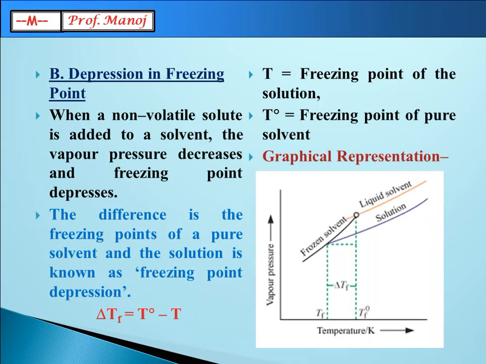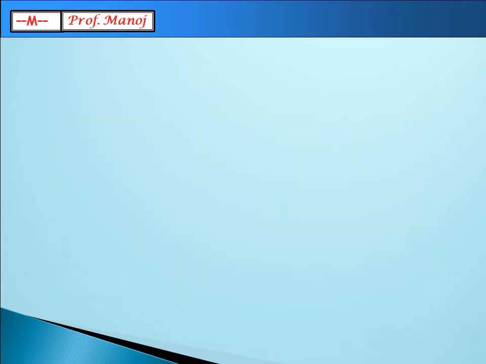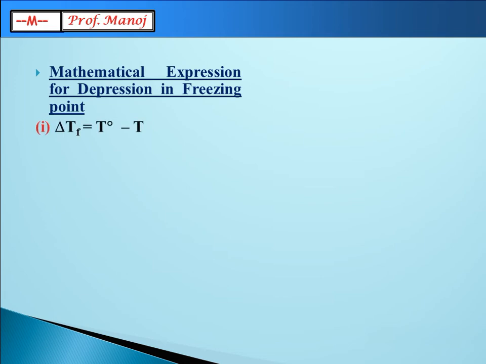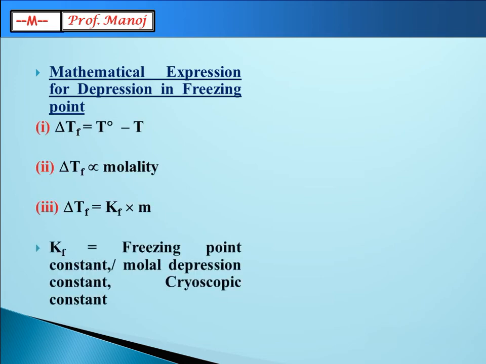Graphically, when you see the graph, liquid solvent graph from right to left, it touches the axis at Tf0. Solution has a freezing point Tf. Difference in these two values is called delta Tf. Mathematically, the expressions are absolutely identical with the previous set.